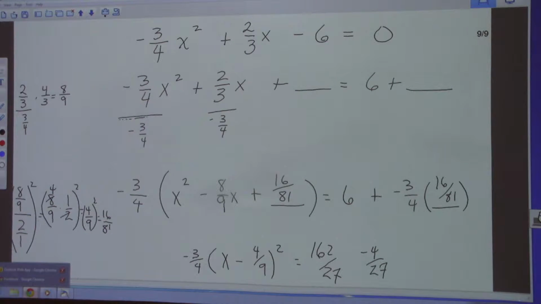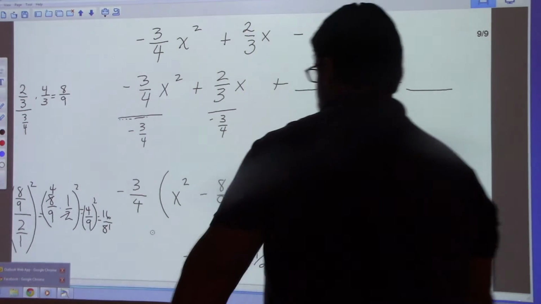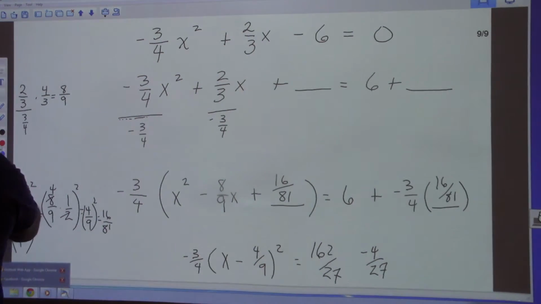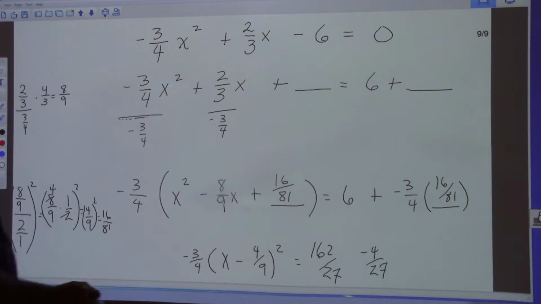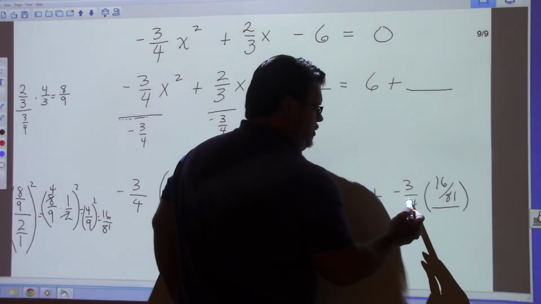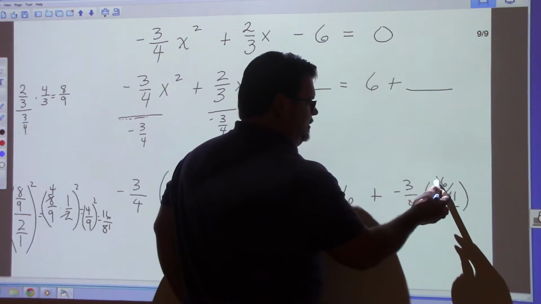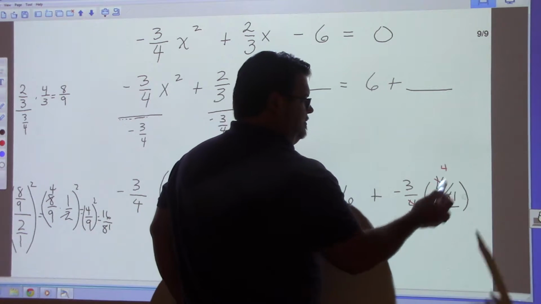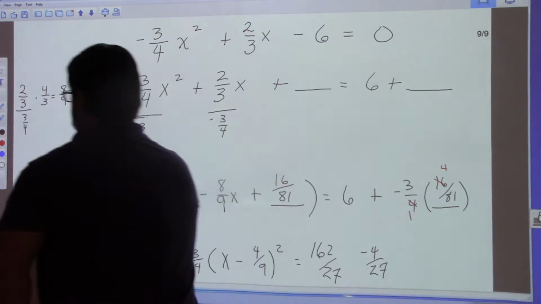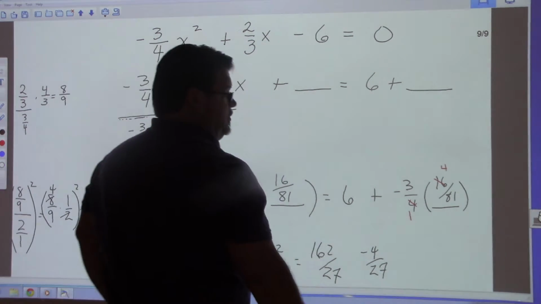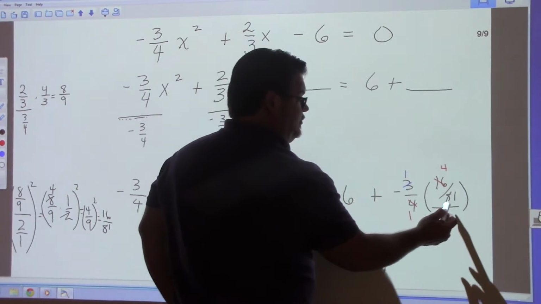Something's making this thing go crazy. Okay. What 4 where? Up to negative 4 over 27. I'm not too sure how you get that. From the negative 3/4. Okay, down here. 4 will go into 4 one time. 4 will go into 16 4 times. 3 will go into 3 one time.